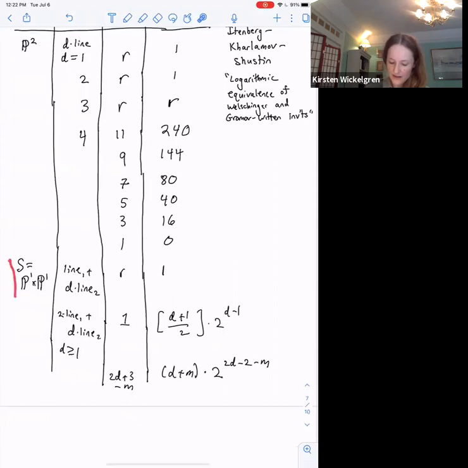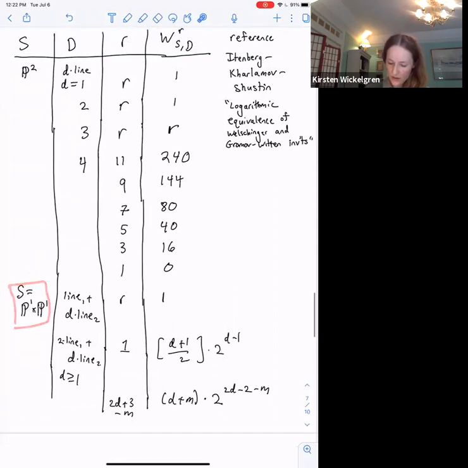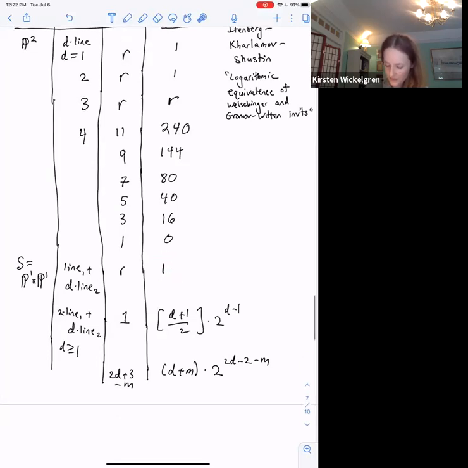On P1 cross P1, when the degree is line 1 plus D line 2, then for any number of real points we choose, we get a weighted count of 1.